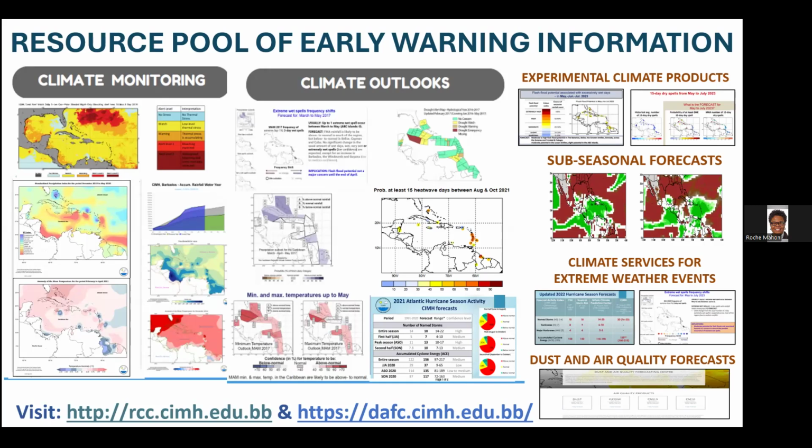We have sub-seasonal forecasts on temperature and rainfall. In terms of climate services for extreme weather events, a highlight product that we produce and deliver on behalf of the region at CIMH is the Atlantic Hurricane Season Forecast, as well as wet spells forecast. We also have dust and air quality forecast.